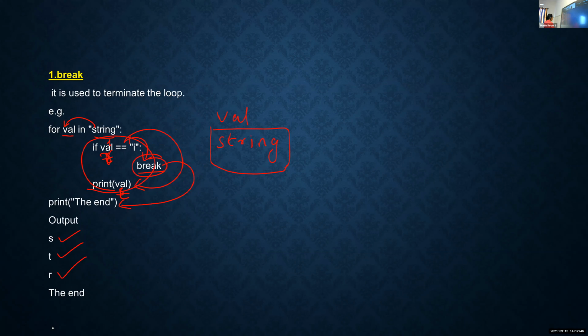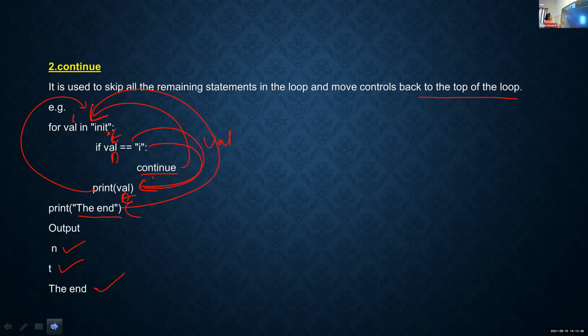If it is continue, it will move to the top of the for loop and continue the iteration. So these are the two jump statements.